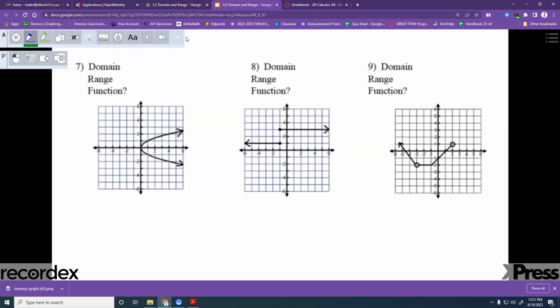So, where do we start to actually touch the graph? At 0, right? So, it's going to be 0. Now, over here, we still touch way out here? Yeah, because we got arrows right there, right? So that goes to positive infinity. So our domain there is going to be 0 to positive infinity.